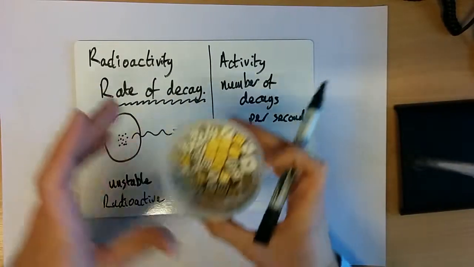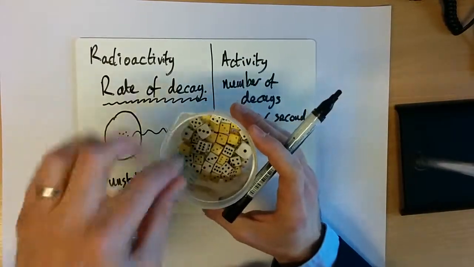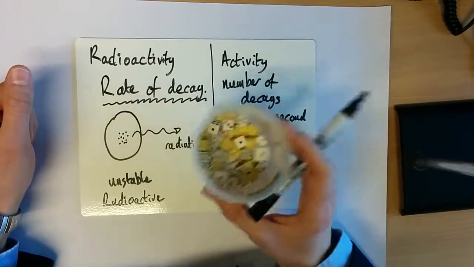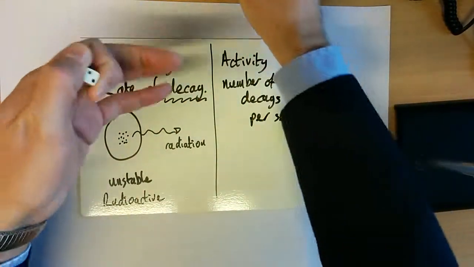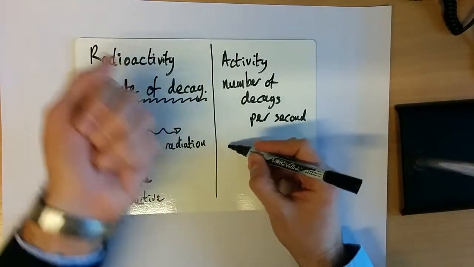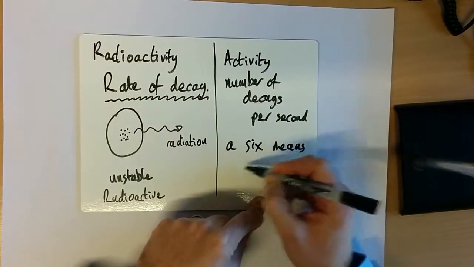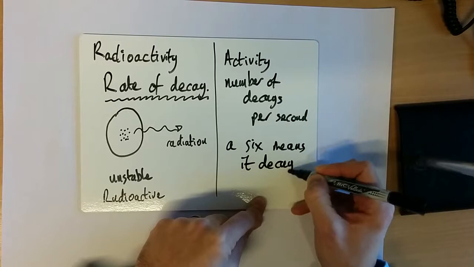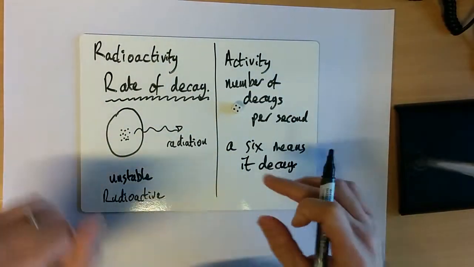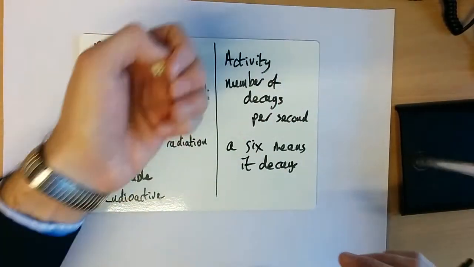So I want us to imagine that I have lots of dice, and each of these dice is one nucleus. If I take one of these dice and roll it, if it is a 6, it means it decays. So if I roll it and we've got a 4, this has not decayed. If I roll it again, I get a 3, it's not decayed.